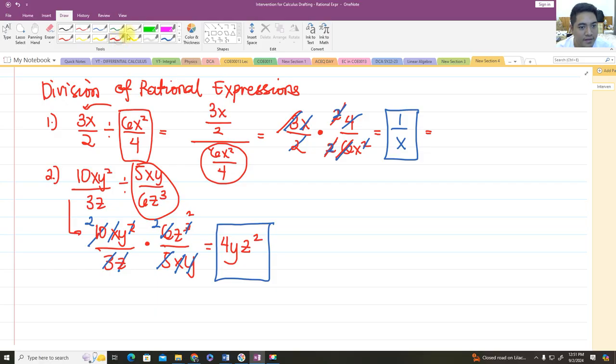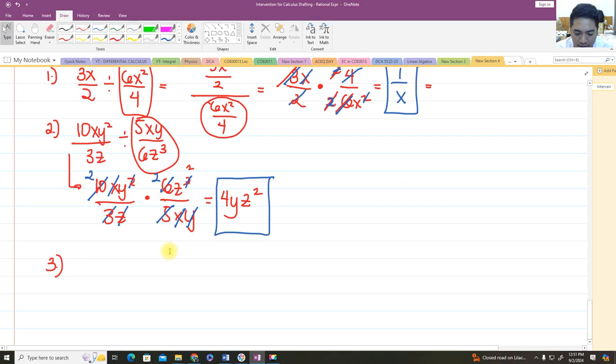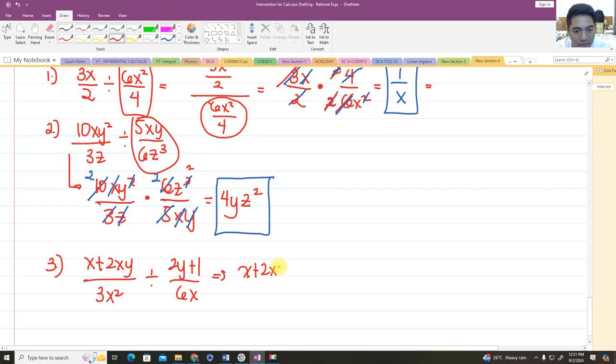Okay? So, for number 3, we have this example here. We have x plus 2xy all over 3x squared divided by 2y plus 1 all over 6x. So, again, we need to get the reciprocal of 2y plus 1 all over 6x and proceed to multiplication.